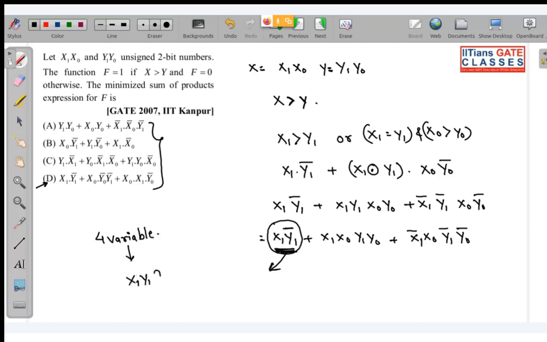How many group of 1s do we need? See, in a 4 variable K-map, we will get 3 variables, something like x1 x0 y1 or even x1 bar x0 y1, when we have a group of 2 ones.